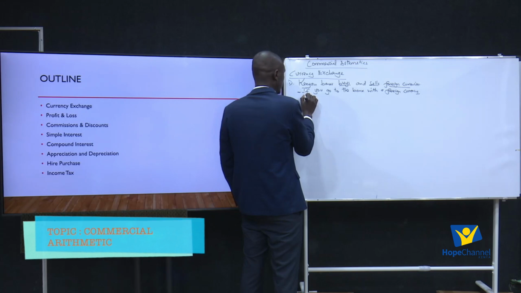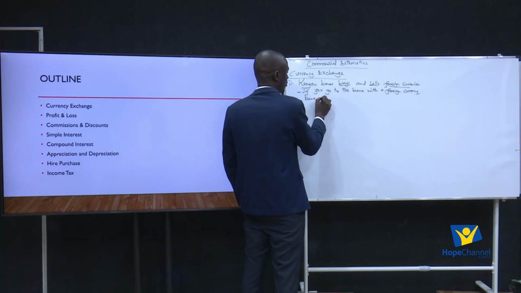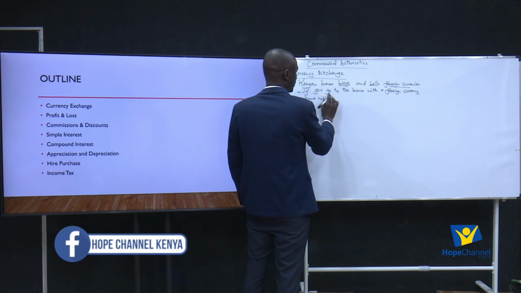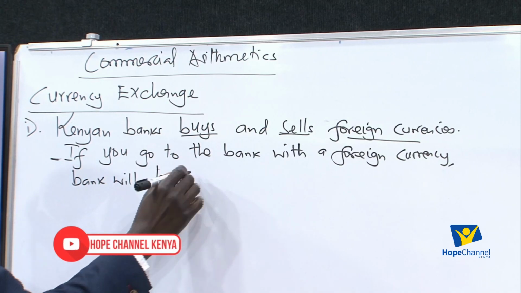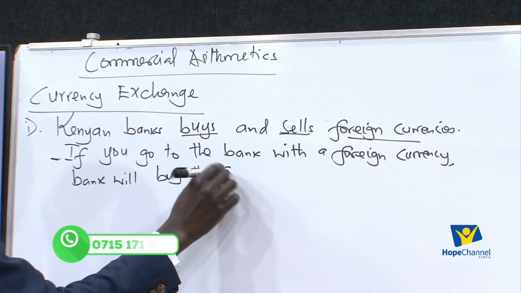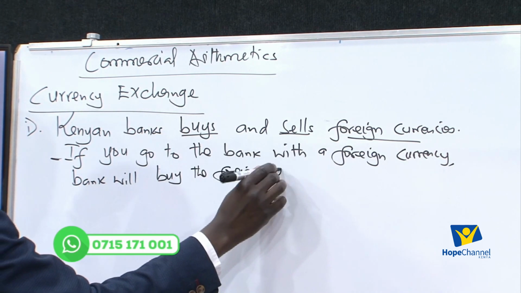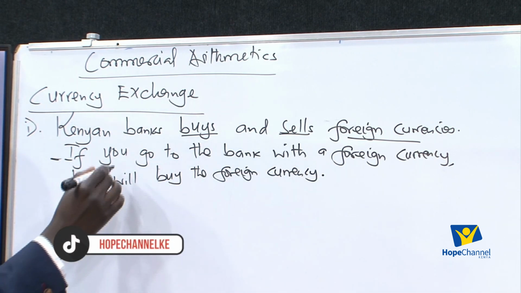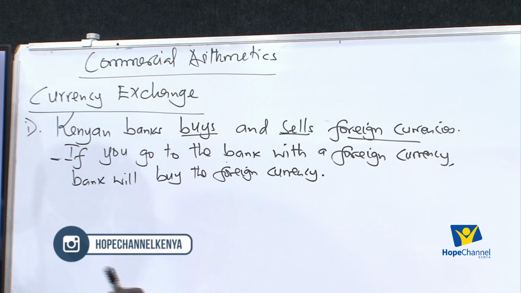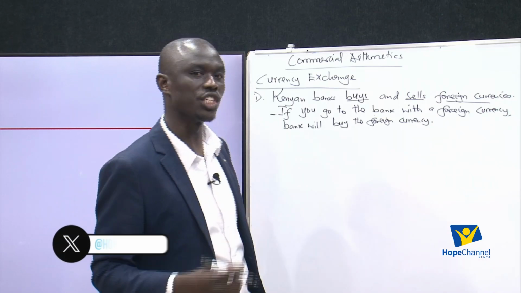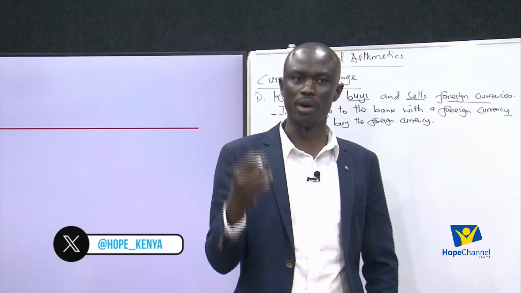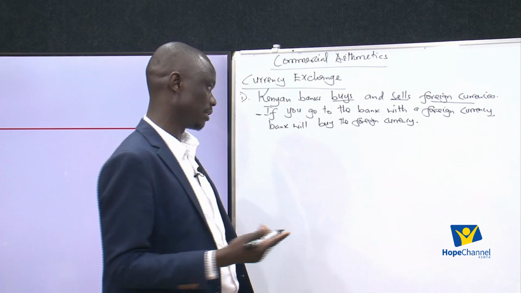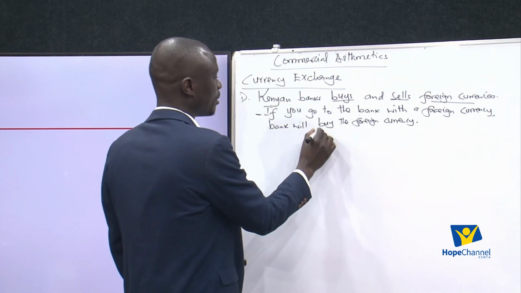The bank will buy the foreign currency. Meaning that if you go to the bank with foreign currency and you want Kenya shillings, in that context you want Kenya shillings and you have gone to the bank with dollars, what will the bank do? The bank will buy.